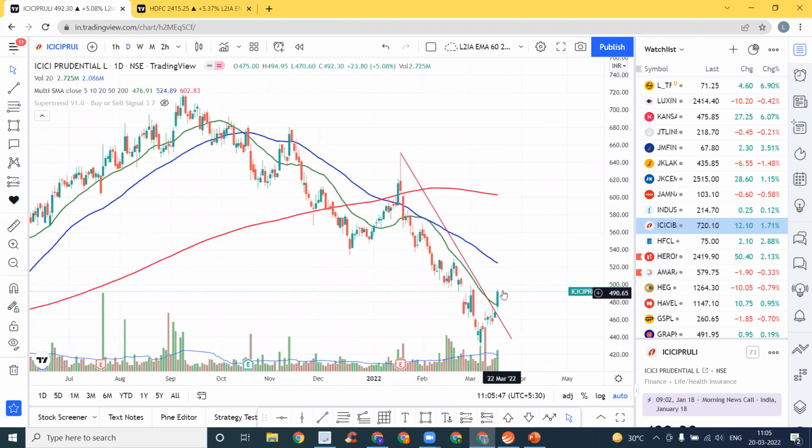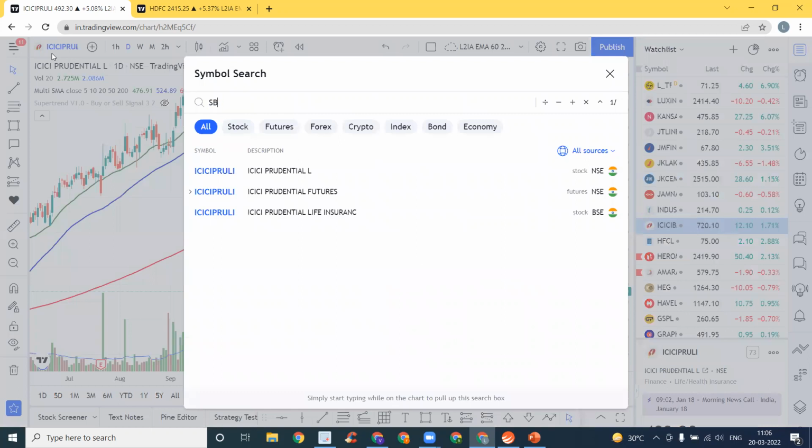It has no doubt moved up. If you are buying at these levels, it is good. But if you are carrying the stock from these levels, there is a question mark how long we should hold the stock. I'm still holding it. Then we can see SBI Life.